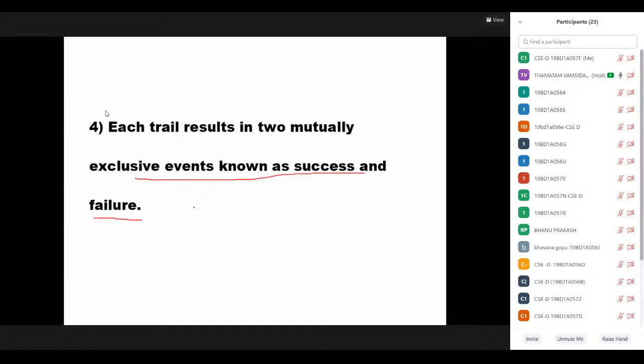That means the experiment is a Bernoulli trial, which contains only two possible outcomes, success and failure. In these cases, we can apply the binomial distribution.